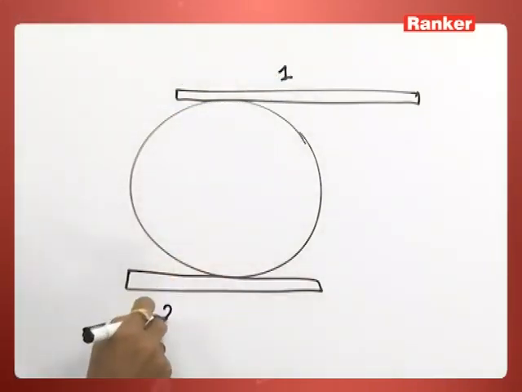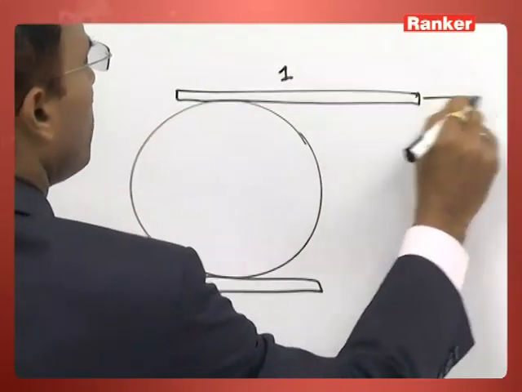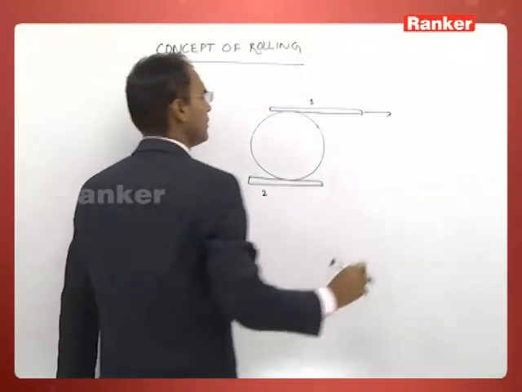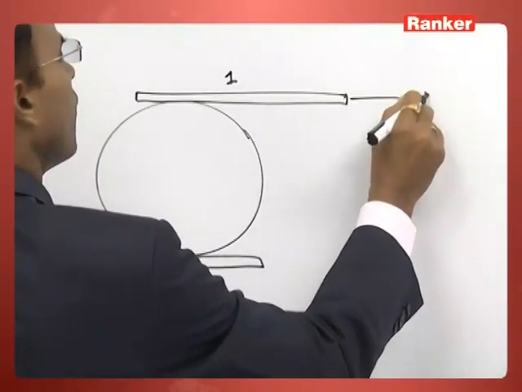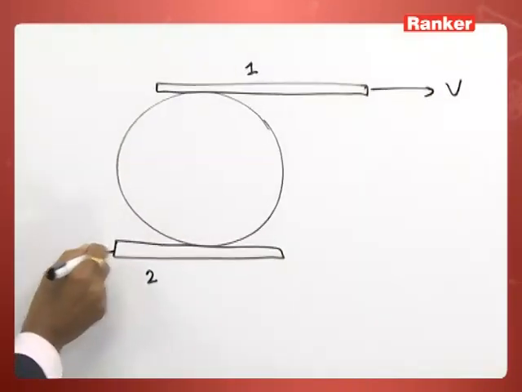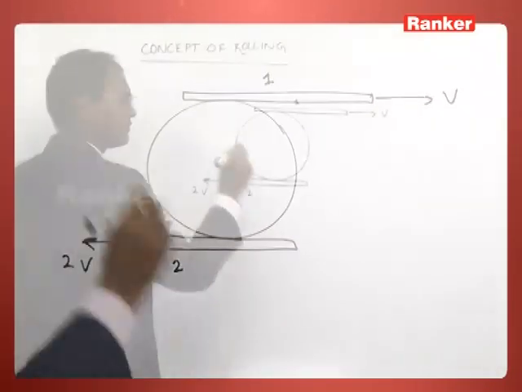Plot number 1 and plot number 2. To pull the 1 in this direction with the velocity v and 2 in this direction with velocity 2v.